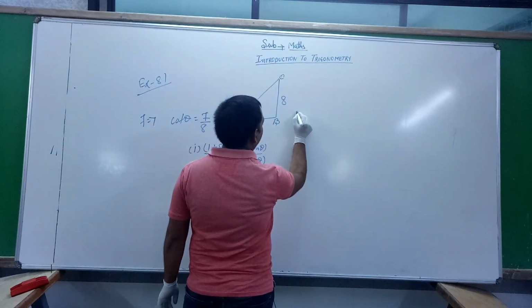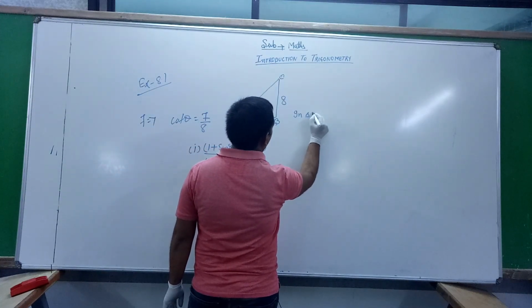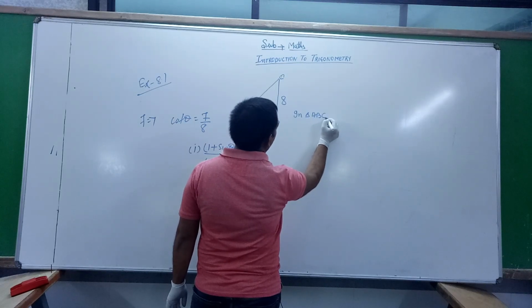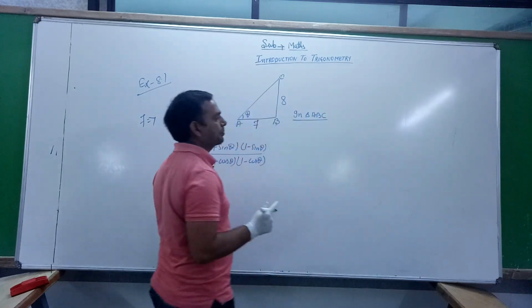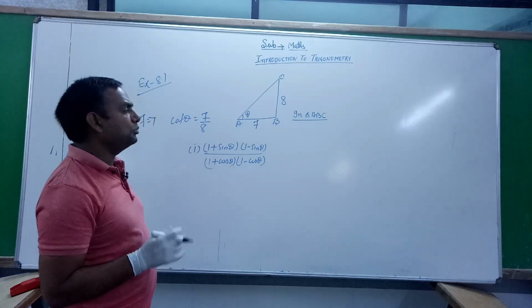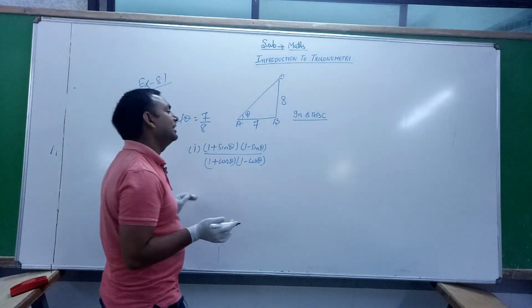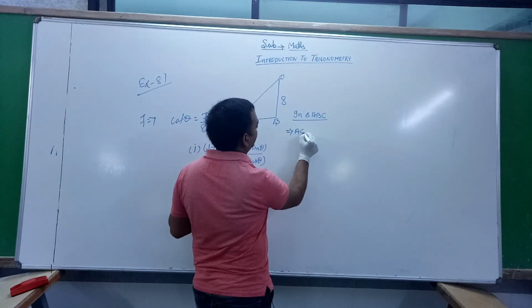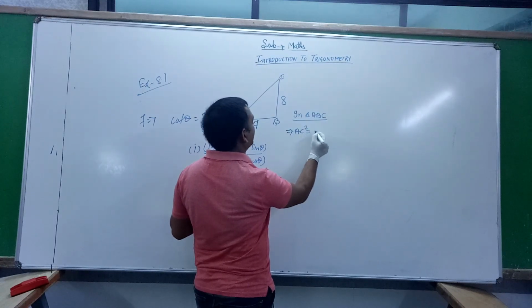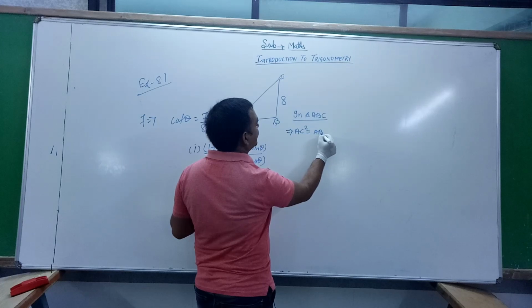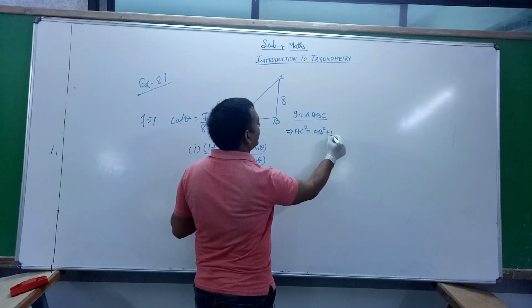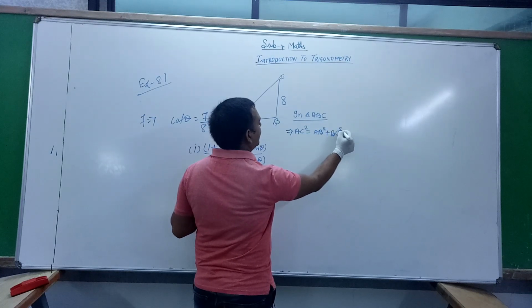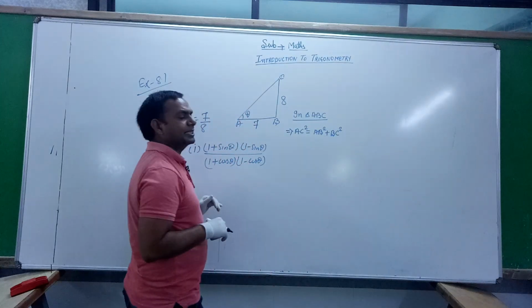Then in triangle ABC you apply the Pythagoras theorem. According to the Pythagoras theorem, hypotenuse square, meaning AC square, is equal to AB square, meaning base square, plus altitude or perpendicular square, meaning BC square.